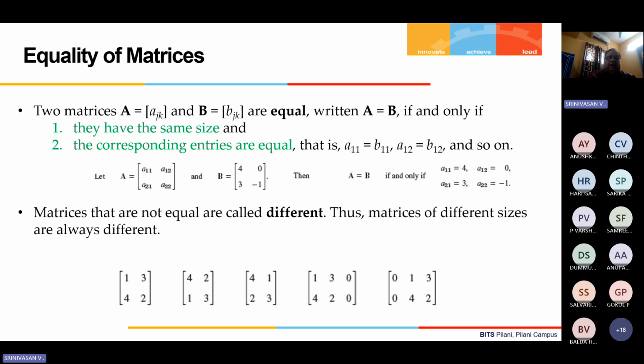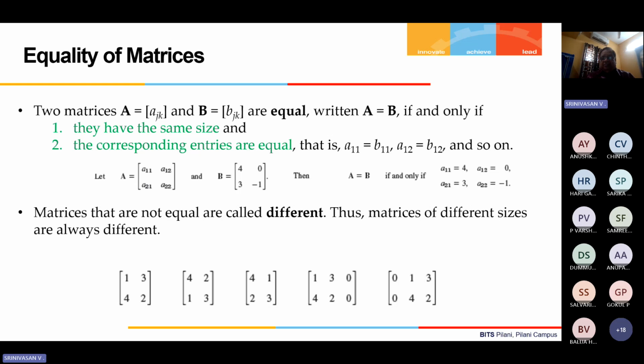Here, let A equal a matrix having entries A11, A12, A21, A22. That's a square matrix of order 2 by 2. You can have many square matrices of different orders like 2 by 2, 3 by 3, 4 by 4, and so on.